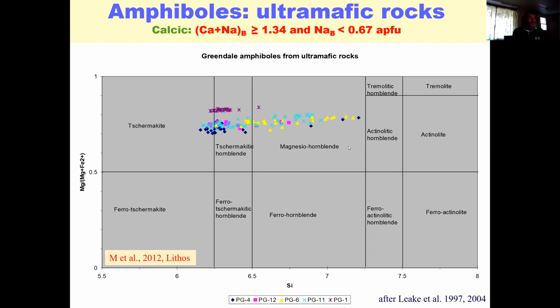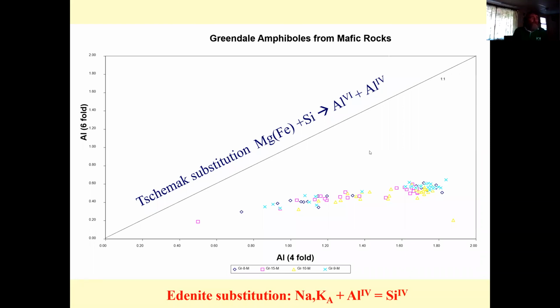If you look at which solutions are controlling their composition, this in here is a Tschermak substitution, where aluminum goes into the 6-fold and the 4-fold site. Along the x-axis here, this is an Edenite substitution, where aluminum entirely goes into the 4-fold tetrahedral site.